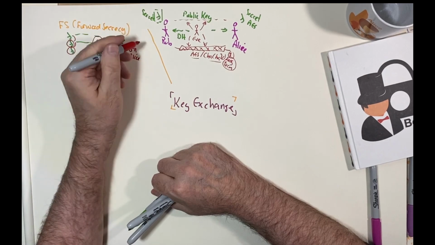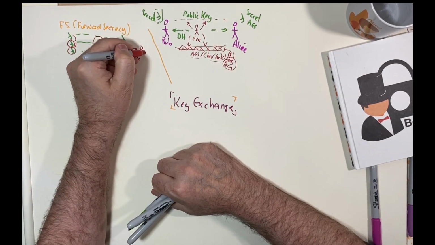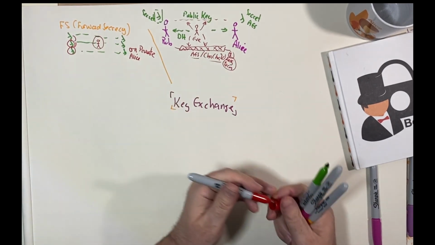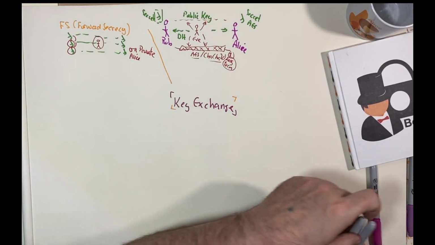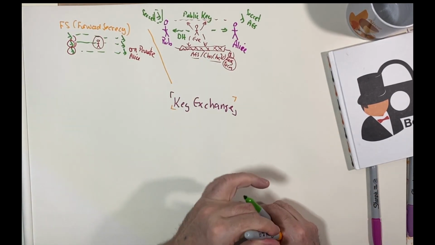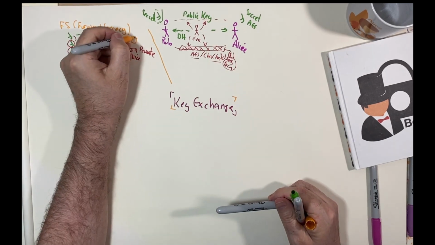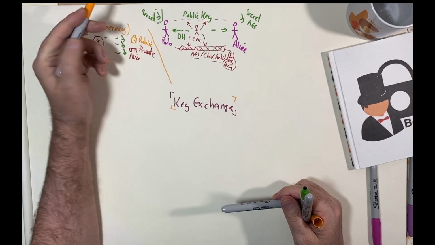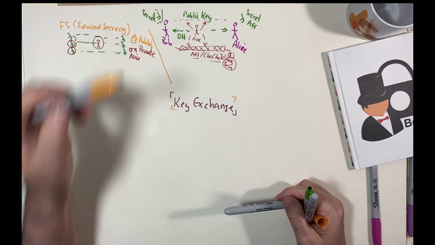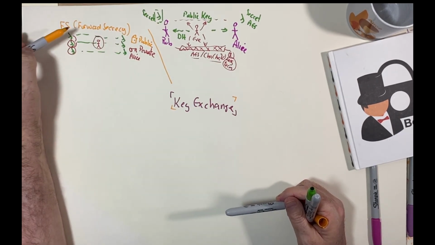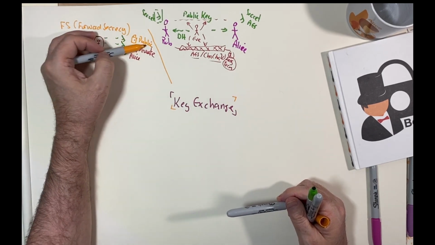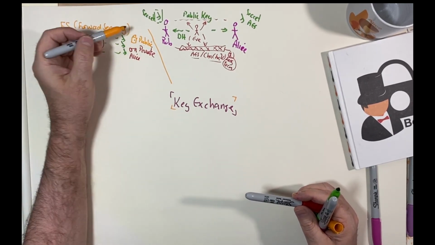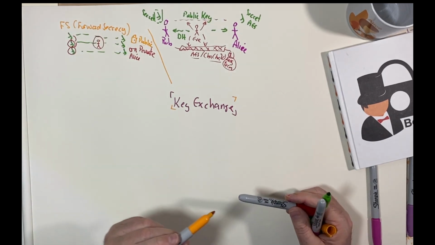So in this case, I'll draw the private key like this. This is the private key, and Alice also has a public key. So here is Alice's public key. And this is a secret key. Okay, so I'll draw that in green, I'll draw the public key in yellow, and then the private key, the key pair, like this.